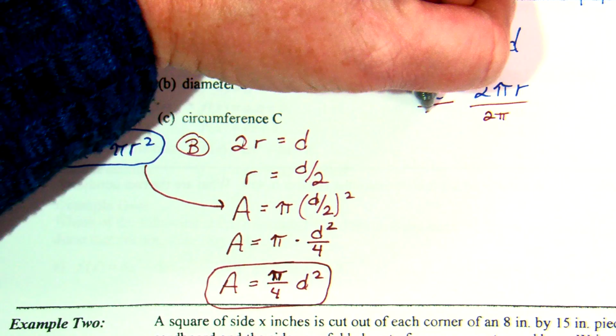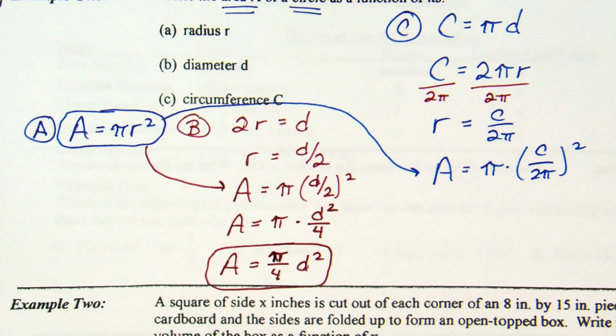C squared over 4 pi squared. I know pi is a number. We can still treat it like a variable, though, and say squared, because you have to square everything there. So 2 squared becomes 4, and pi squared, I'm going to write it as pi squared. This pi out front, I'm going to write as pi over 1 for the sake of my cleanup. Because I'm ready to put a final answer together, and I want to clean this up.